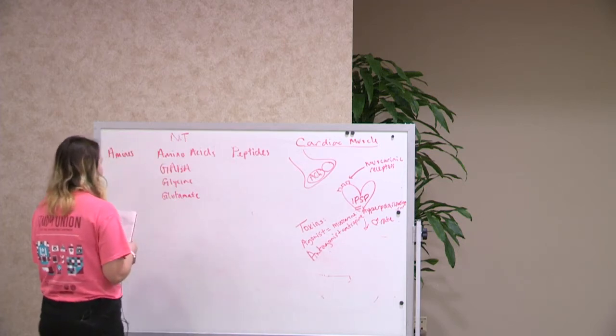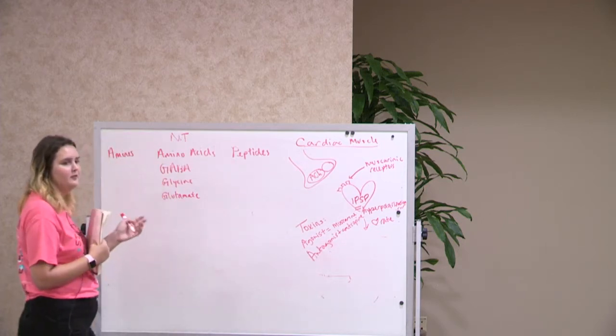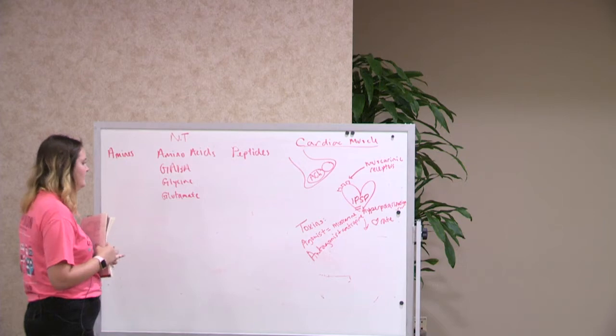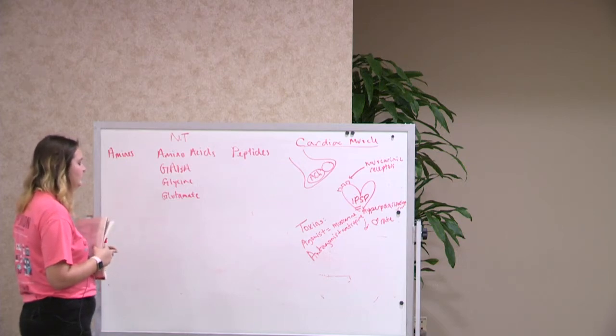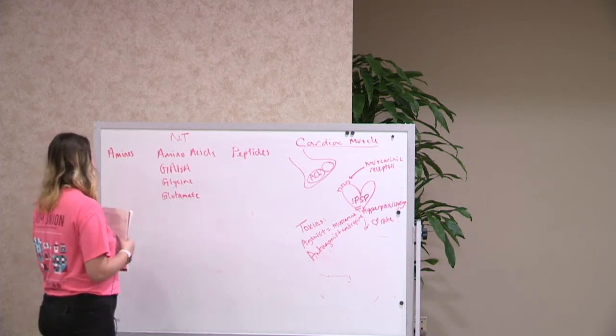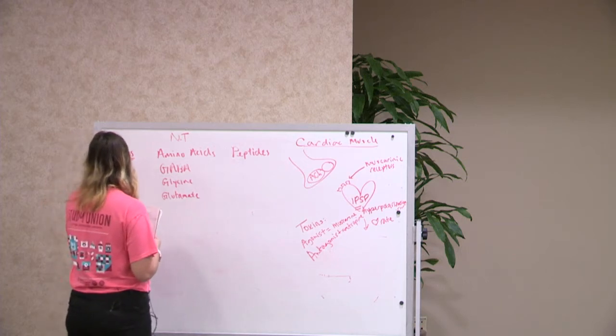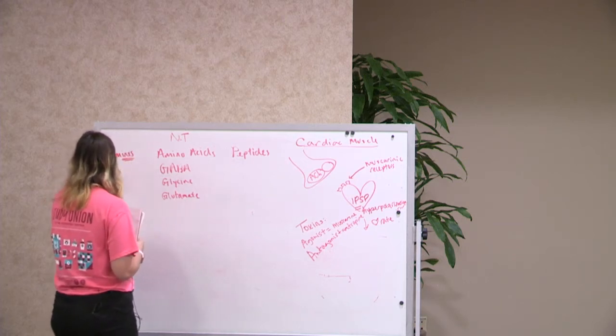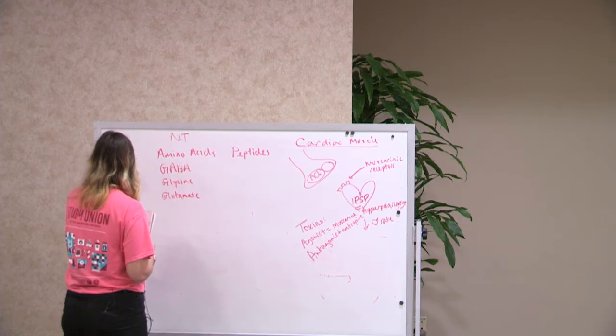Your amines is every neurotransmitter you heard about before taking this course, like dopamine, histamine, serotonin, acetylcholine, adrenaline. Anything that ends with an E is an amine. So I'll just write a couple up.